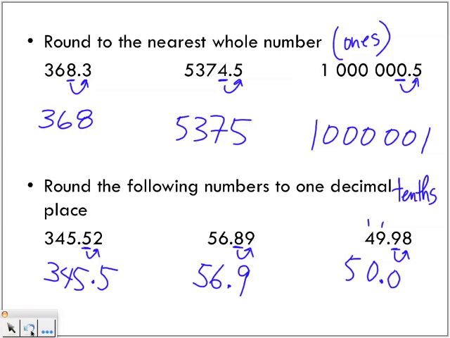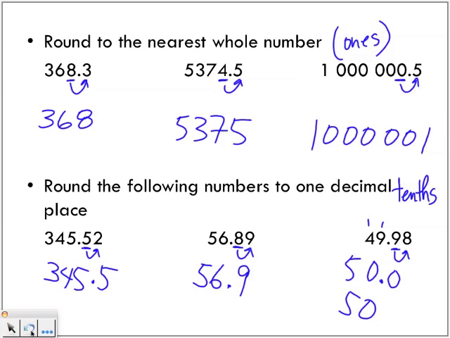50.0. Now, here's the thing. Do I need that 0.0? Technically I do. Do you know why I would need to put the 0.0 there? Why? Exactly. I am rounding to the nearest tenths, to 1 decimal place. So I need to still show 1 decimal place, even though that's not going to change the value. 50.0 and 50 are exactly the same.